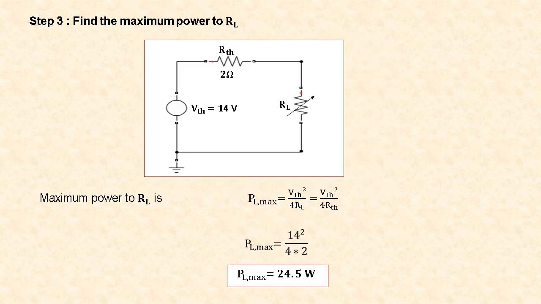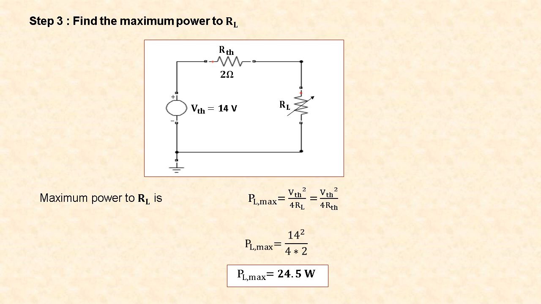To find the maximum power transferred to the load resistor, we have to replace the given circuit by Thevenin's equivalent circuit. So we have got Thevenin's voltage as 14 volts and Thevenin's resistance as 2 ohms.